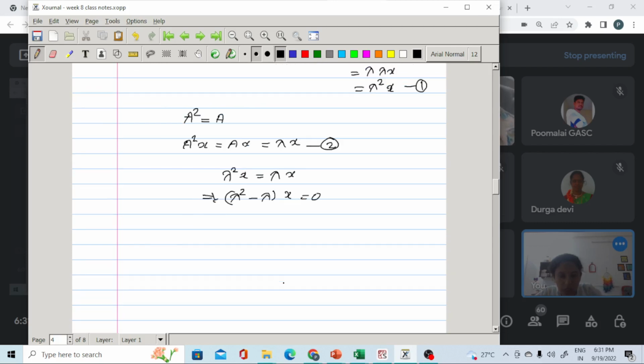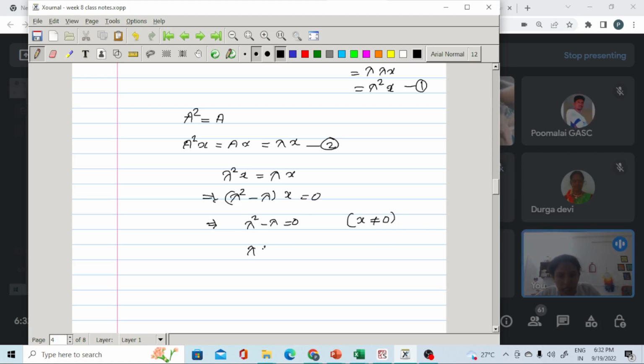So from this what can we conclude? Lambda square minus lambda equals 0, the reason being x is not equal to 0. We know that x is an eigenvector, so it is not equal to 0.